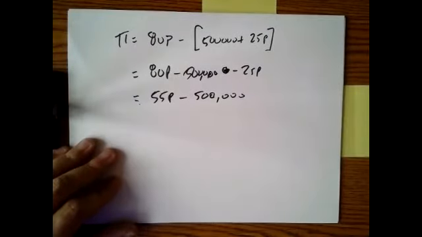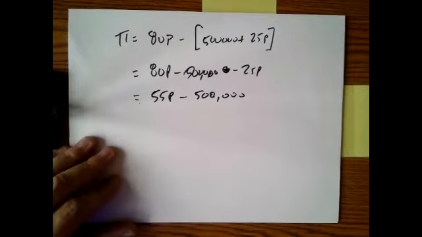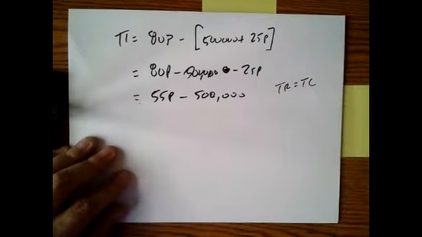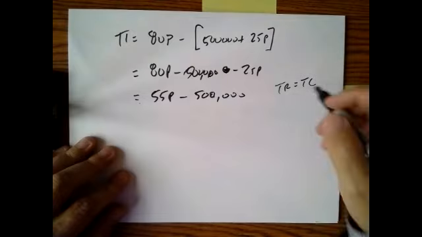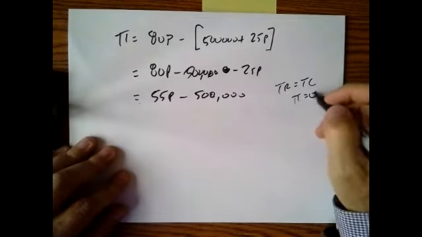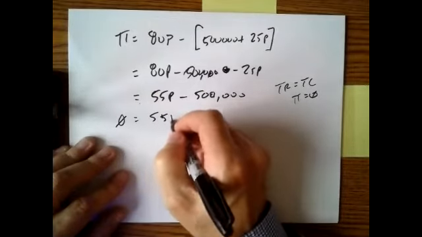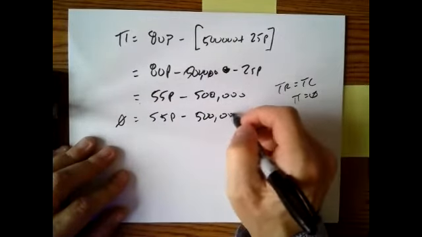And remember, if we want to get to the break-even point, that's the point where total revenue equals total cost. So when total revenue equals total cost, profit is going to be equal to 0. So we set profit equal to 0, 55p minus 500,000.